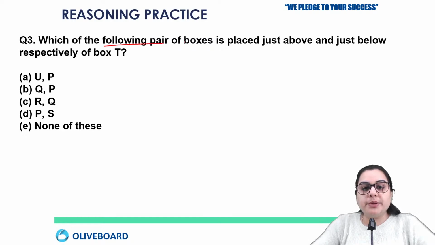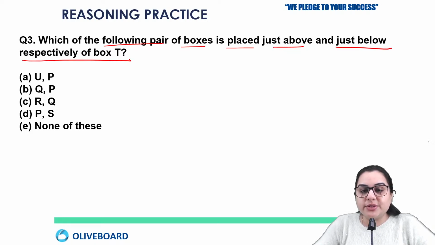Which of the following pair of boxes is placed just above and just below respectively? Respectively means first we have to tell which box is above and then we have to tell which box is below. And he's talking about box T. So which box is above T and below T?